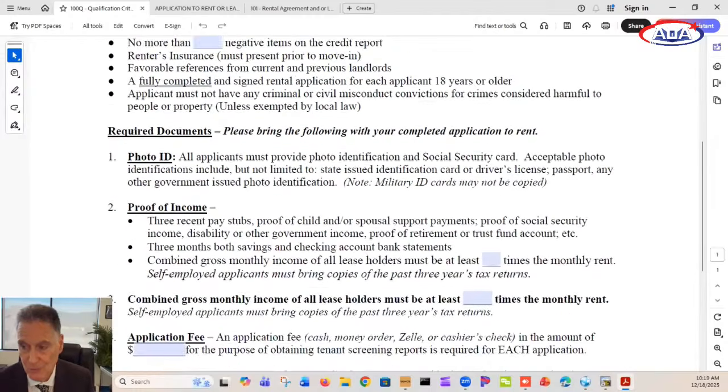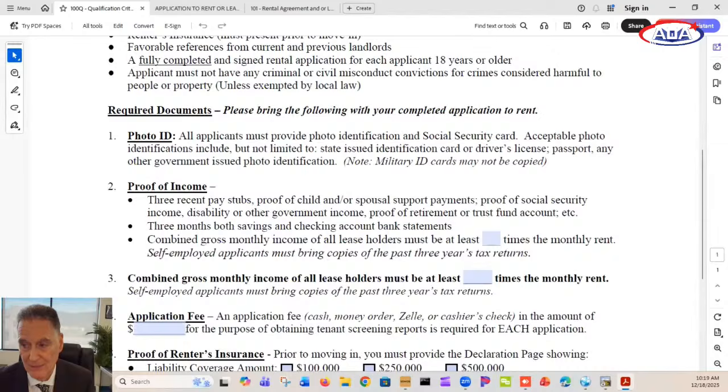You also, of course, want to tell them in this rental criteria that they have to have proof of income. I want to see what you're making, and I need to see proof of that. And of course, the application fee, you have to tell them what the application fee is. But again, this is the leasing criteria. It is required for you to take an application fee. I think I wrote down what the maximum application fee is.